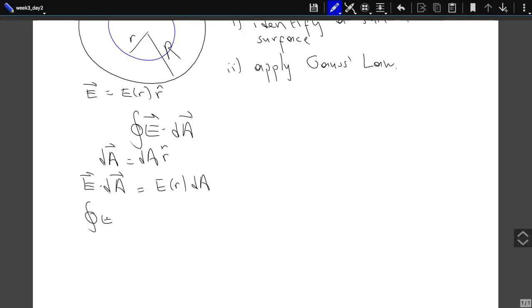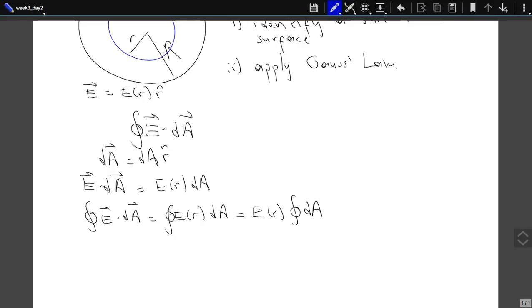Now this integral, the Gaussian integral E dot dA, would just be the integral of the magnitude times the magnitude of dA. Now I said that at every point on my Gaussian surface, this is just constant. So I can just take it out. This is E of R times the integral of dA.